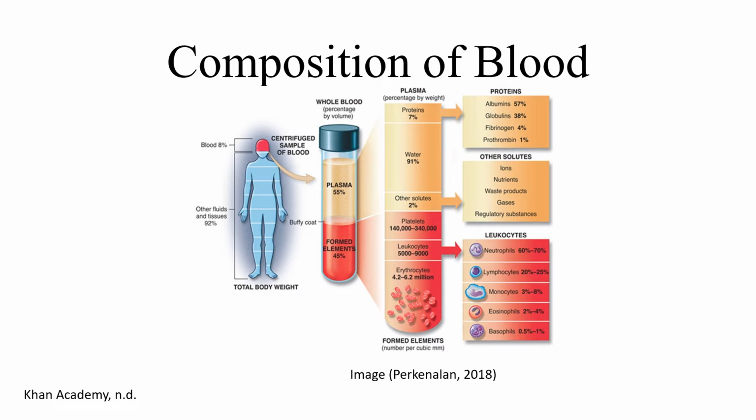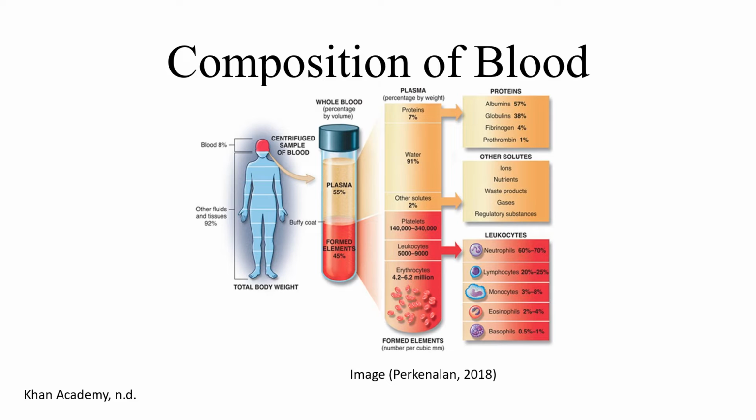The other solutes in there, the 2% of other solutes, are ions, nutrients, waste products, gases, and regulatory substances. Those all make up the 55% of volume that the plasma has. Remembering that most of plasma is water.